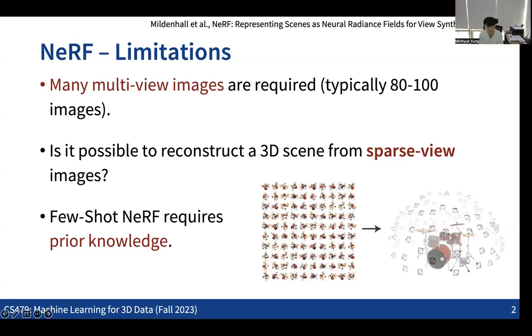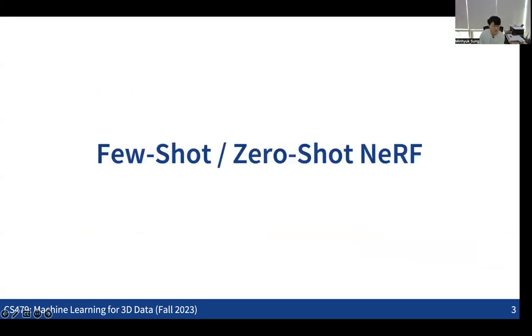So what kind of objects or scenes are we reconstructing, and what's the typical shape of the objects and scenes that we are reconstructing? That's the idea behind few-shot or zero-shot NeRF, which is the case where we are doing 3D reconstruction using NeRF with only a few images.